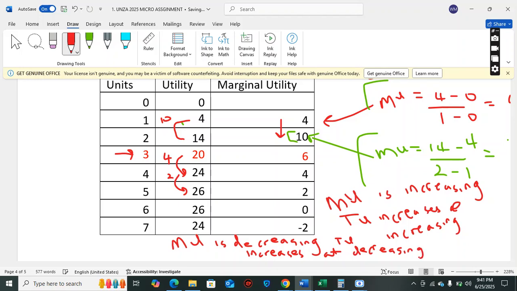As you can see here, 26, 26, then now it starts to fall. So as we say, the law of diminishing marginal utility, as you consume more of one good, eventually your total utility is going to decrease. You wouldn't want to add these points here because you make the law very long. Any questions?